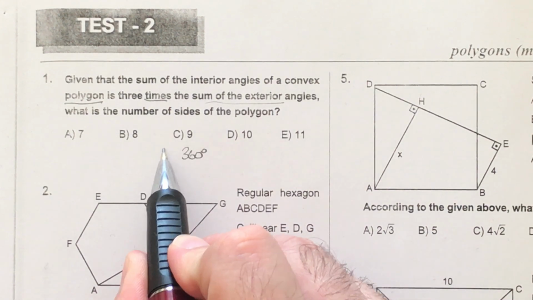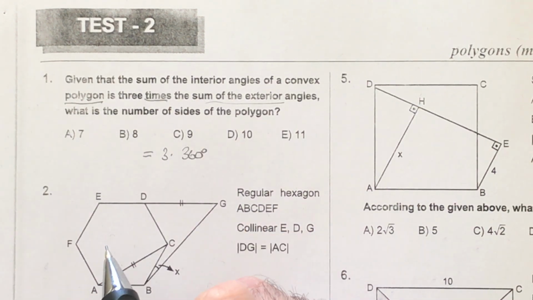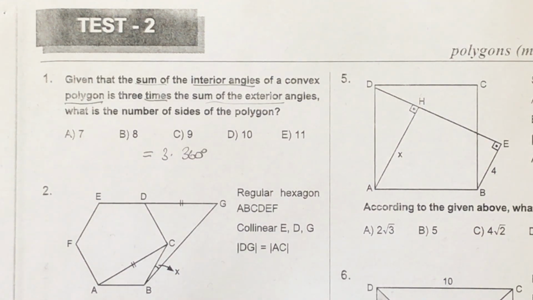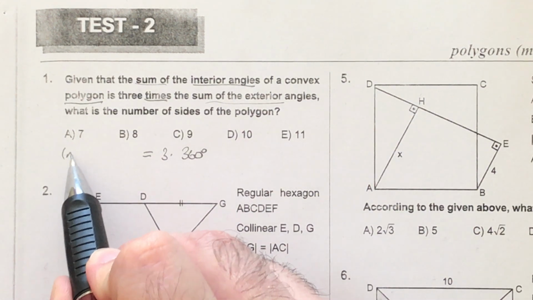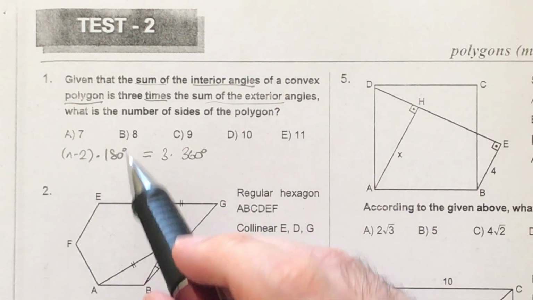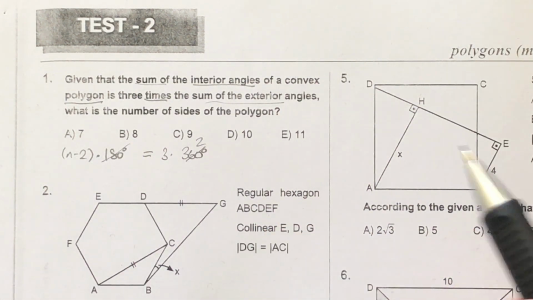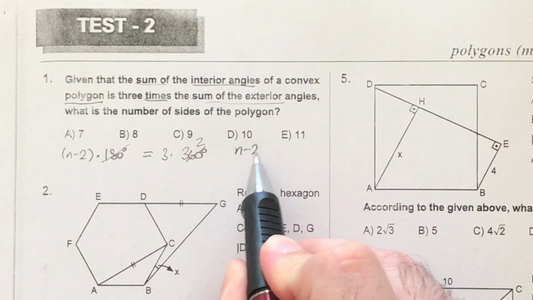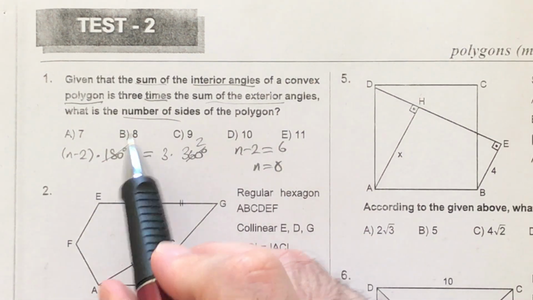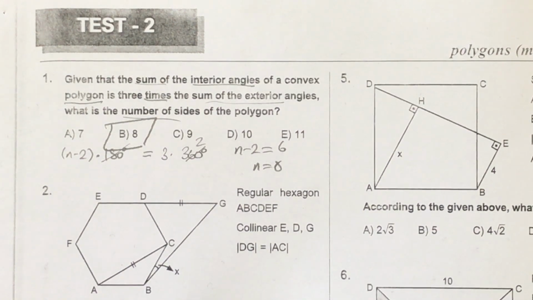So 3 times of it will be equal to the sum of the interior angles. Remember the formula: n minus 2 times 180 degrees. Simplify those, it is 2. So n minus 2 is equal to 6, n is equal to 8. So what is the number of sides? It is 8.